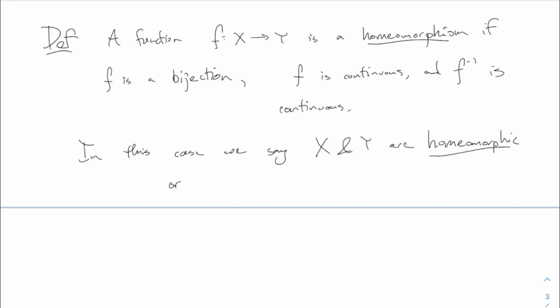That's just my own cultural upbringing, I guess. The book more often says topologically equivalent. So topologically equivalent means homeomorphic. It means there is a homeomorphism from one to the other. All right.